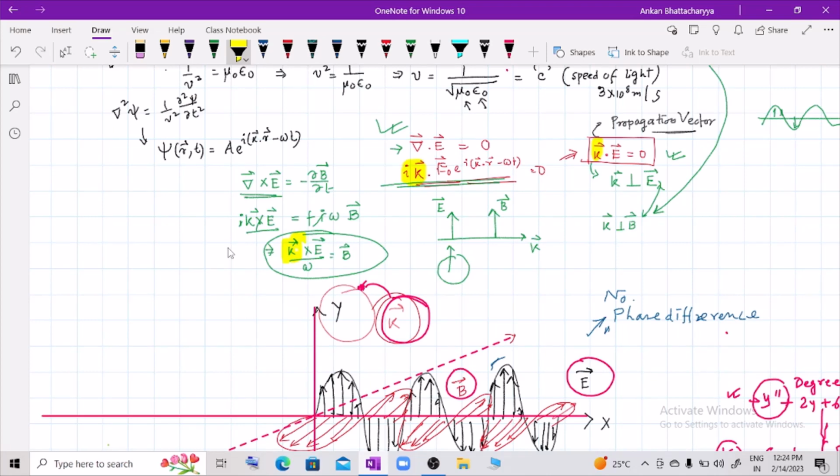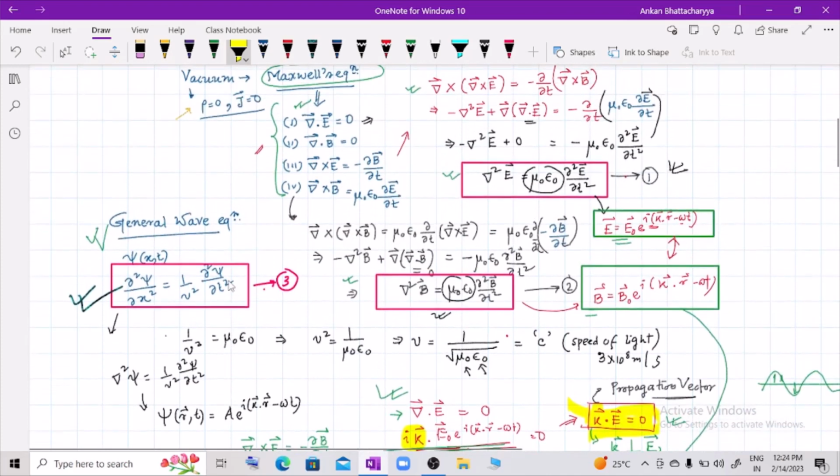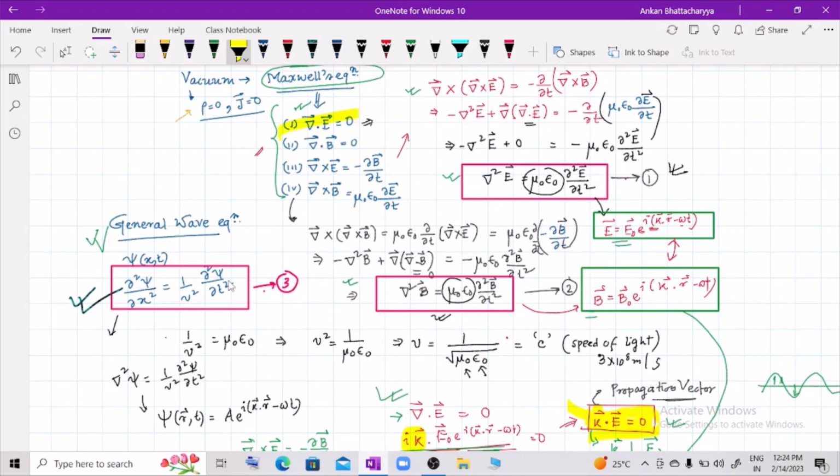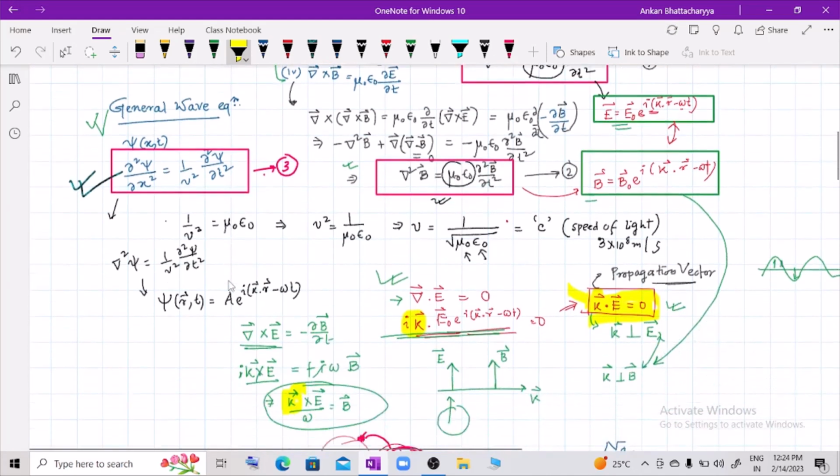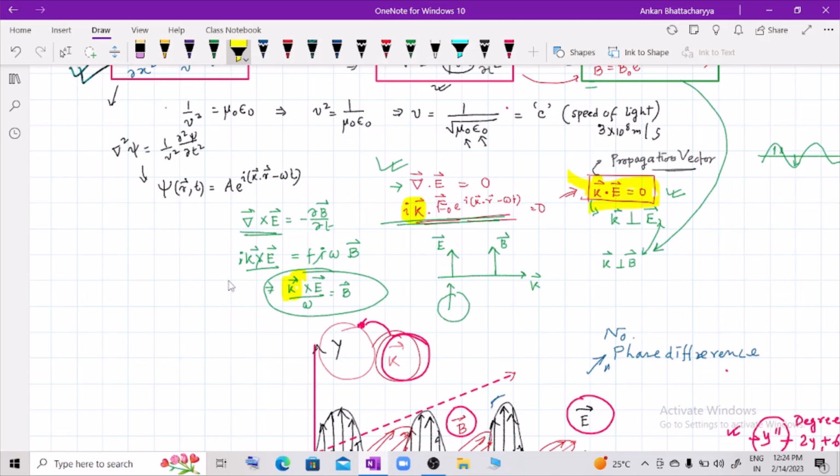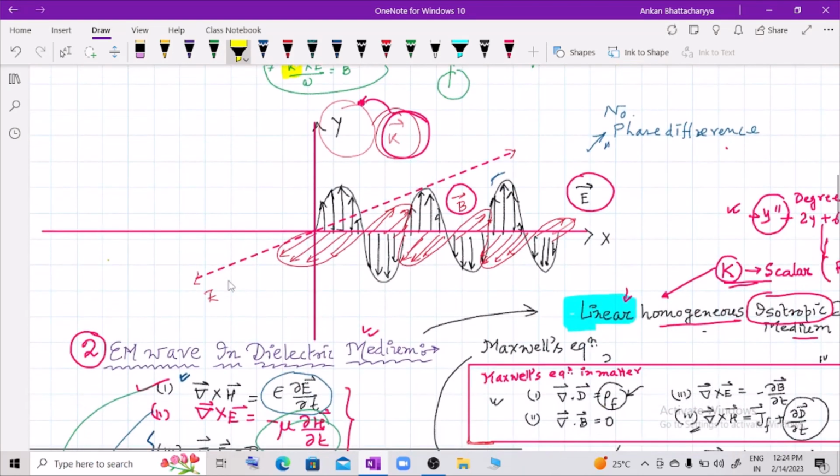The transverse nature can be proved easily by Maxwell's equations, which show that k dot E is equal to 0, from equation 1. And from equation 2 you can also conclude that k is perpendicular to B also. There is no phase difference between the electric field and magnetic field.